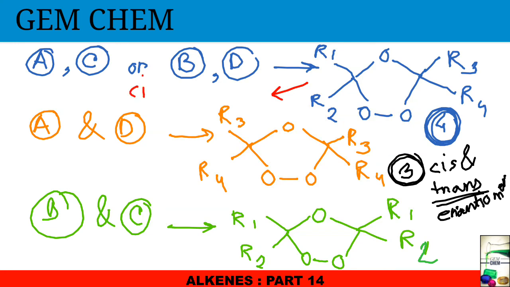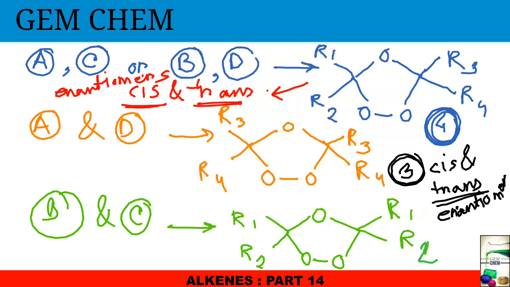Here we will have cis and trans and each will have enantiomers. Each will have enantiomers, so we will get 4 structures. And the last one which we see here will have 3 possible structures. It will have cis and trans, and the trans will have 2 enantiomeric forms.